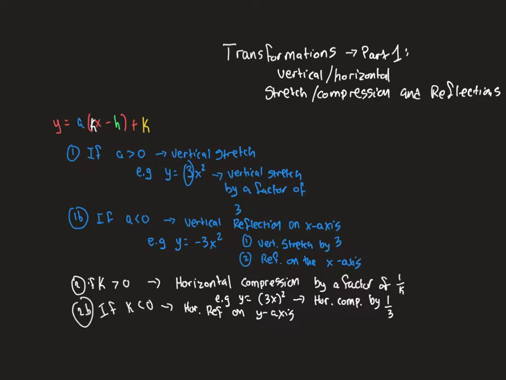And finally, I didn't talk up there about the last case, which is 1c. If 0 is less than a, which is less than 1, so basically, if I'm talking about a fraction, I would have a vertical compression.